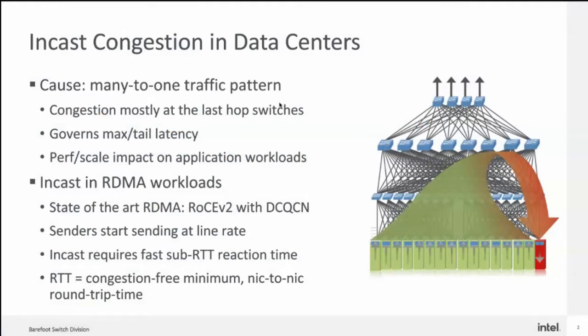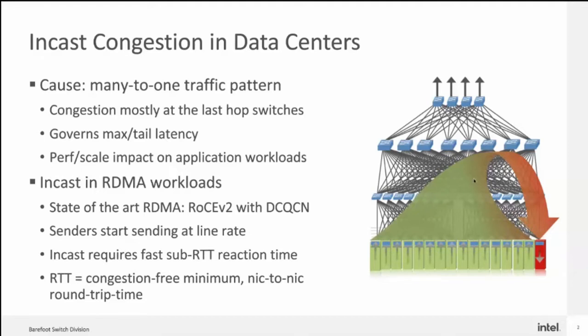So we are talking about incast congestion in data centers. This is the context of our work. So incast is a many-to-one traffic pattern where many senders send traffic to a single receiver, either by accident or on purpose. In both cases, this, of course, can lead to congestion.